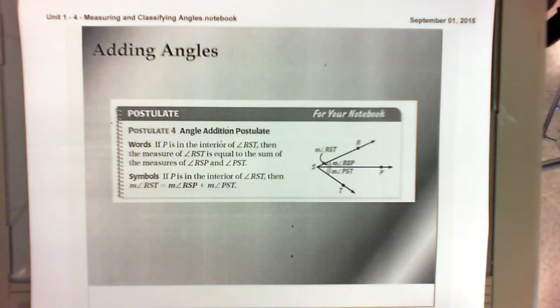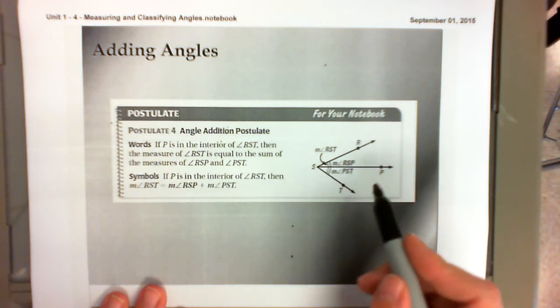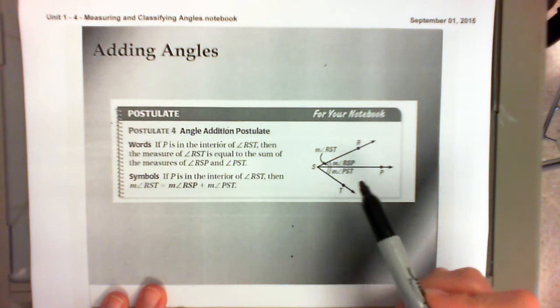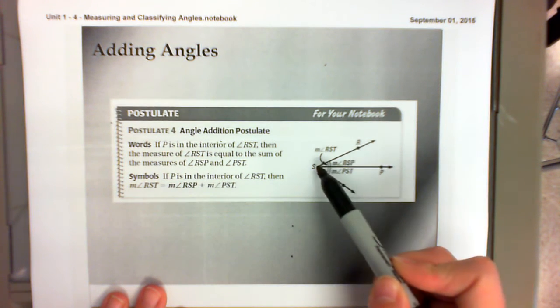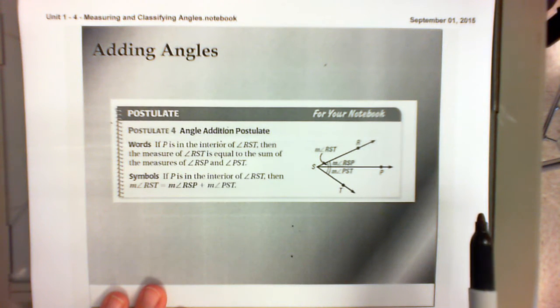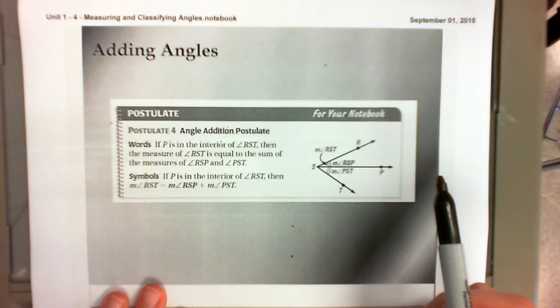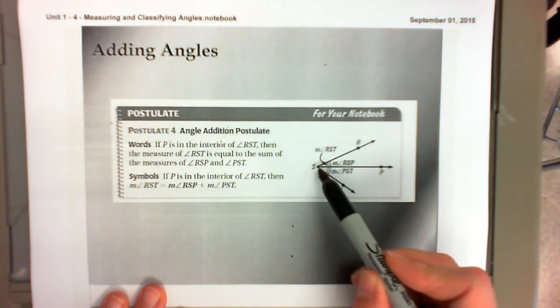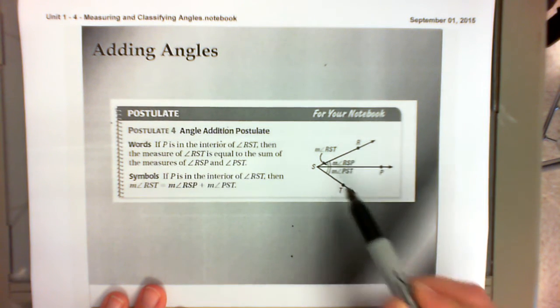Postulate number 4 is called the angle addition postulate. The angle addition postulate means add angles together. So if they are put together, they're being added together. So in this diagram here, we've got angle RST, so I go from R to S to T. That whole big angle is also made up of two smaller adjacent angles, RSP and PST.